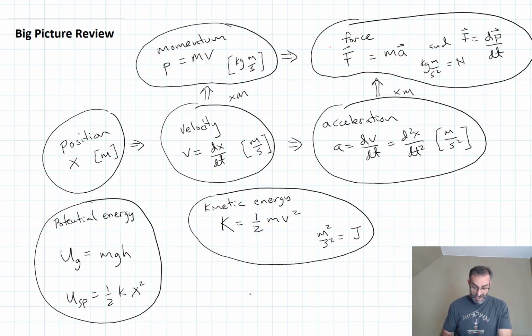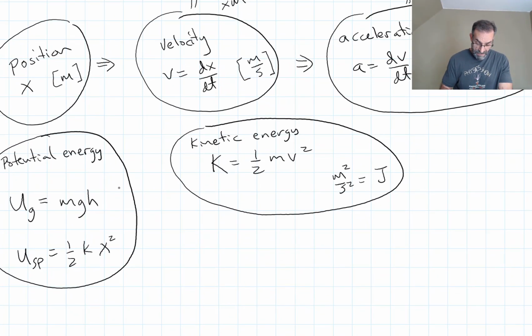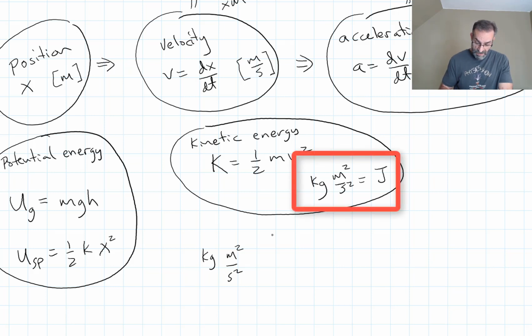We can quickly check our units. For gravitational potential energy, we have kilograms, g's acceleration in meters per second squared, multiplied by the height, which is meters. We get kilogram meters squared per second squared. And that is a joule. So potential energy has units of joules also.